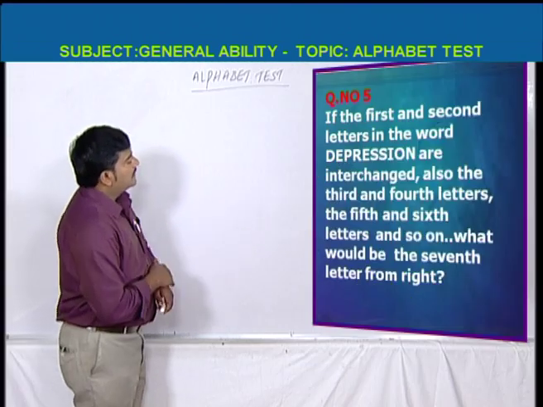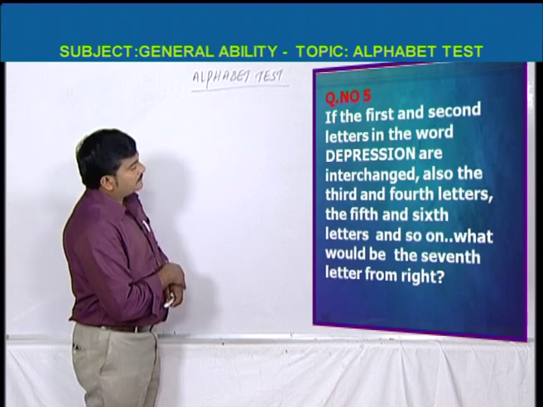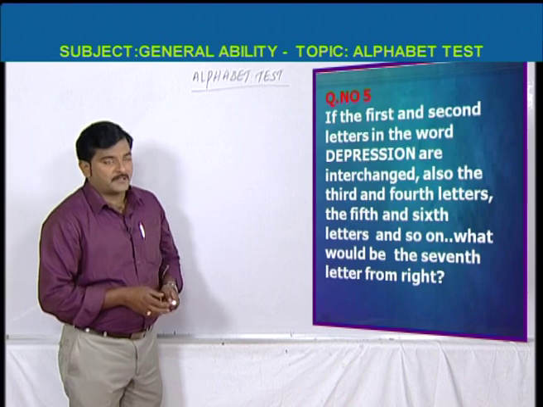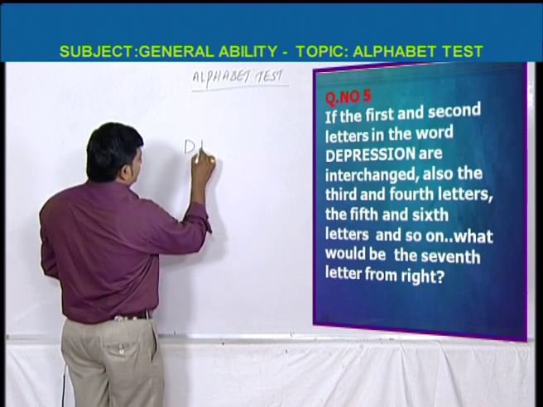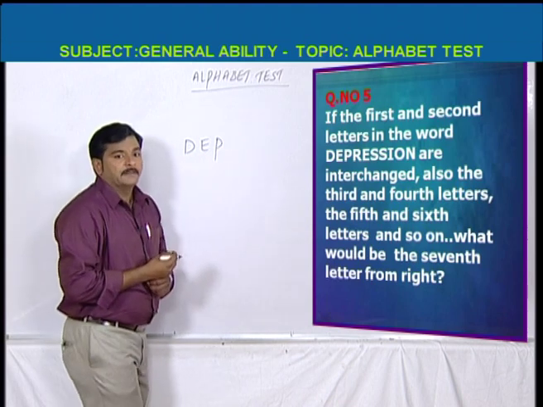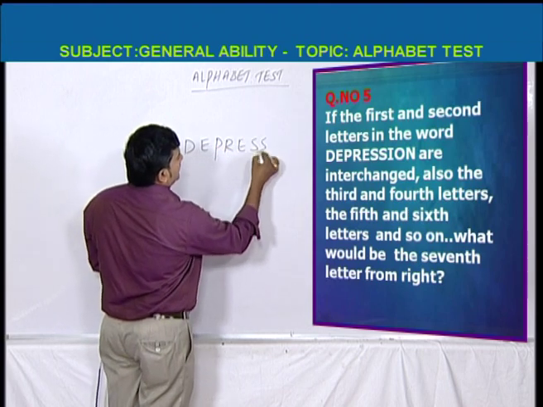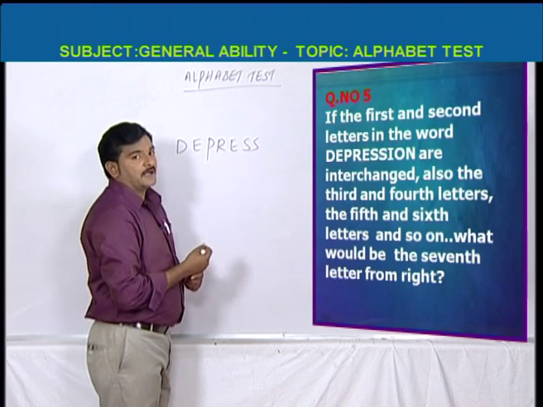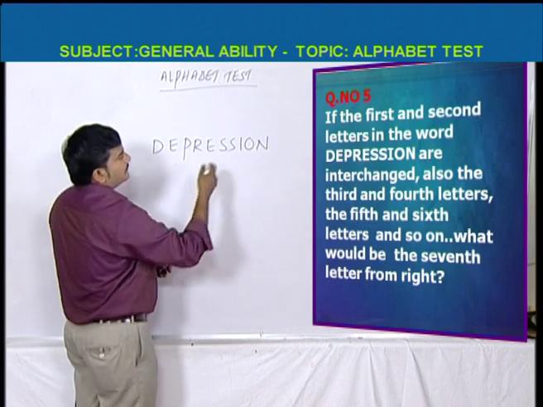In the previous question, he gave the word necessary, whereas in this question, he gave the word depression. First we will write the given word depression: D, E, P, R, E, S, S, I, O, N. This is the given word depression.